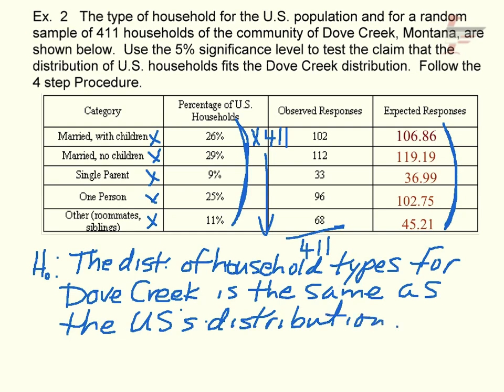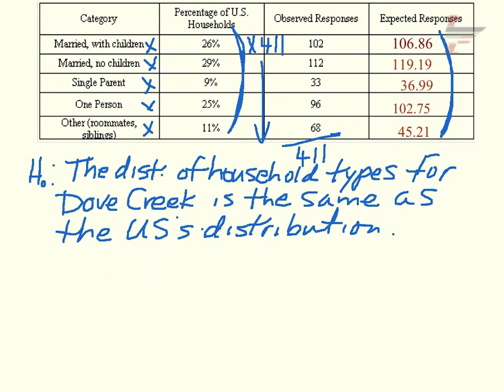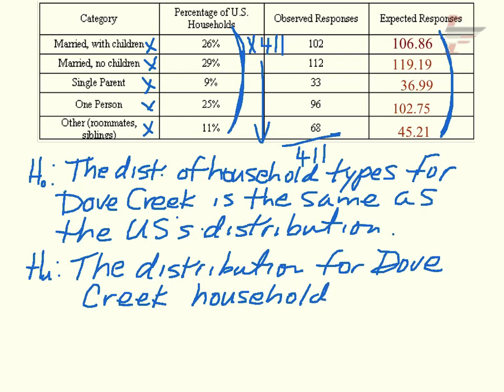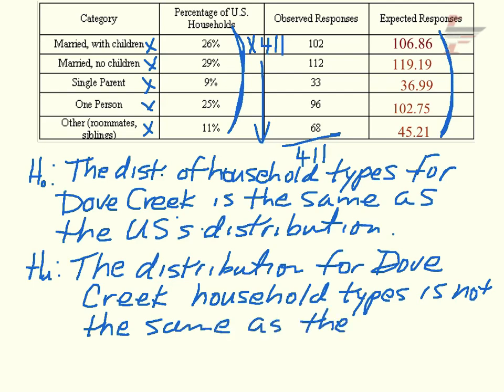Okay. Our alternative, again using much the same language, is simply the distribution for Dove Creek household types is not the same as the US's.